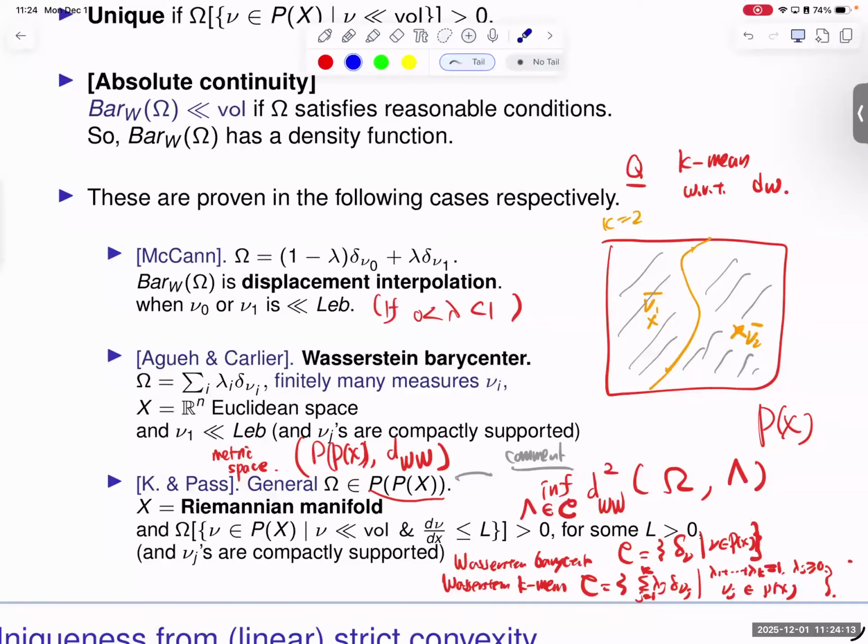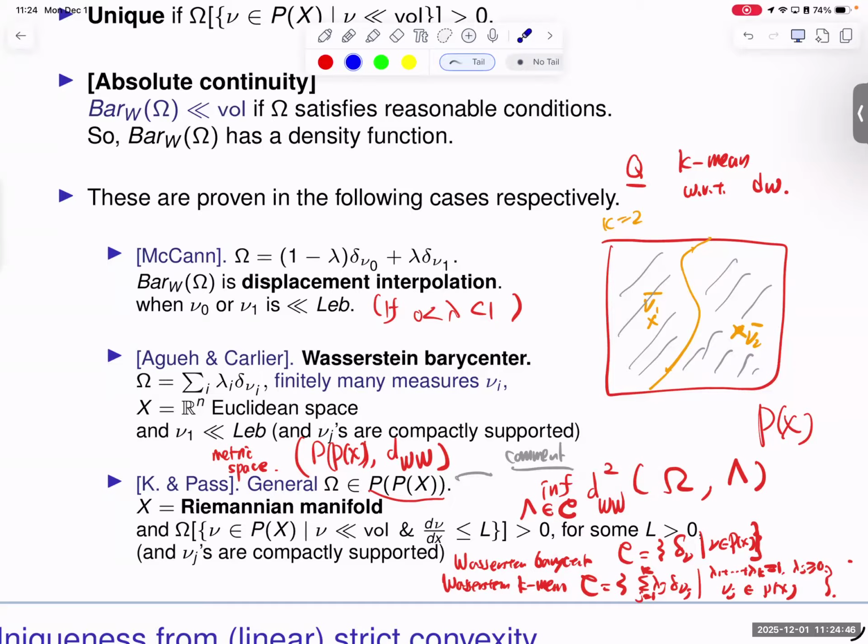Namely, any measure, it's just a meta statement, can be approximated by finitely supported measures, and as you increase the number of points in the finite support, ultimately it converges to that given measure. That's the law of large numbers, and because of that, this jump is not that surprising. Okay, that actually makes sense. Thank you.